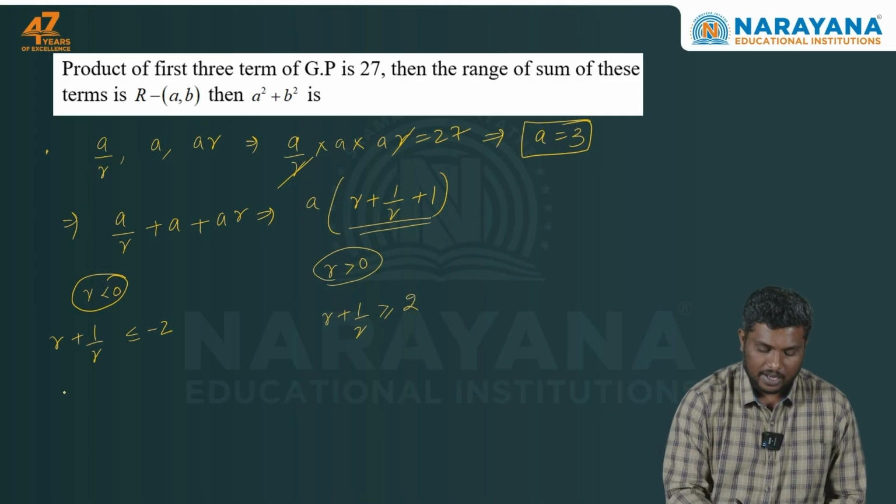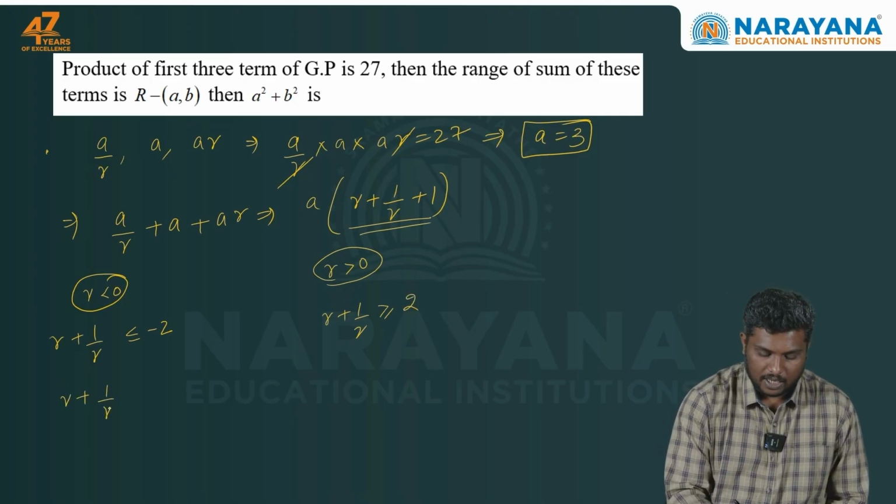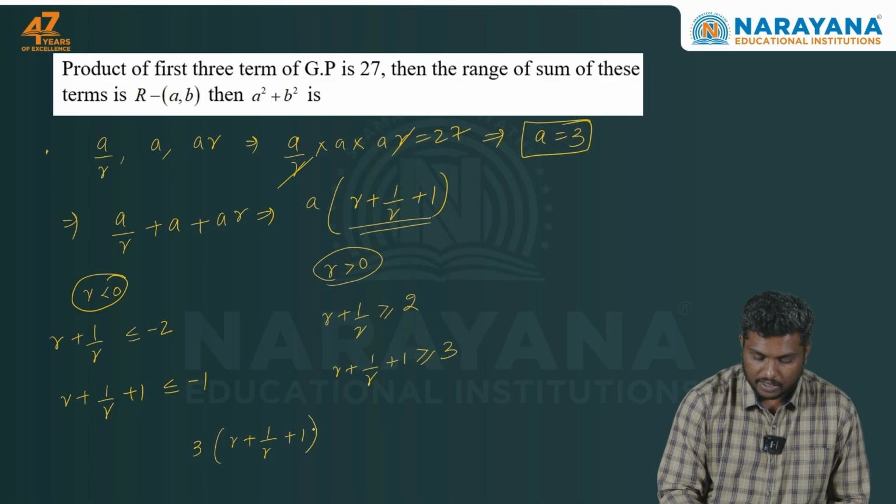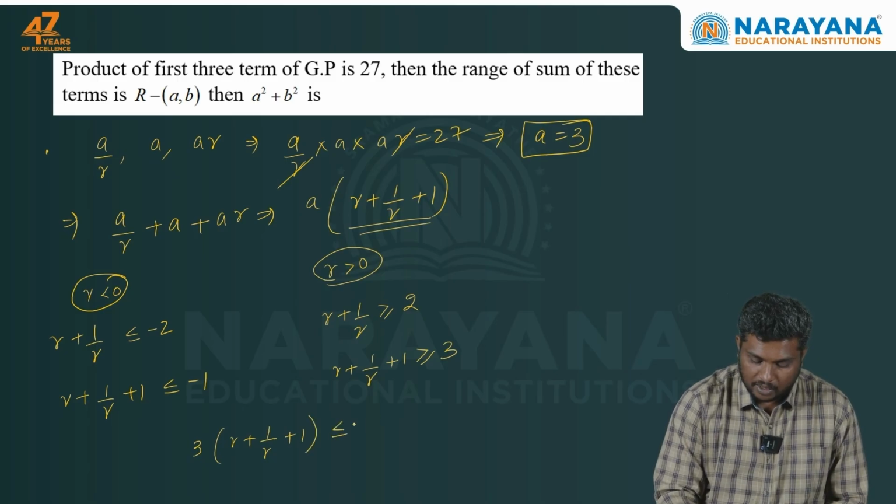In both cases, R plus 1 by R plus 1 is less than or equal to minus 1, or R plus 1 by R plus 1 is greater than or equal to 3. So 3 into R plus 1 by R plus 1 will be less than or equal to minus 3, or 3 into R plus 1 by R plus 1 is greater than or equal to 9.